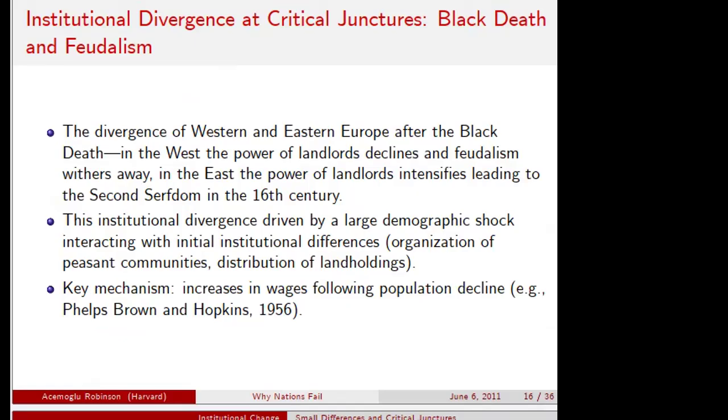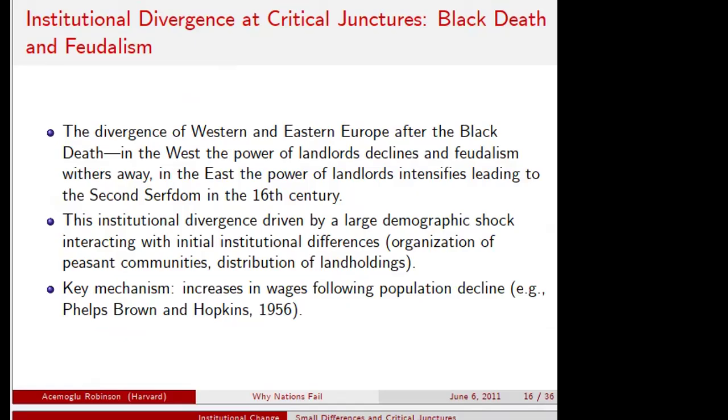Whole villages were depopulated. The labor force contracted very dramatically. Now, the basic economic logic says that if labor becomes scarce, it becomes more valuable, because supply falls, so prices would rise.